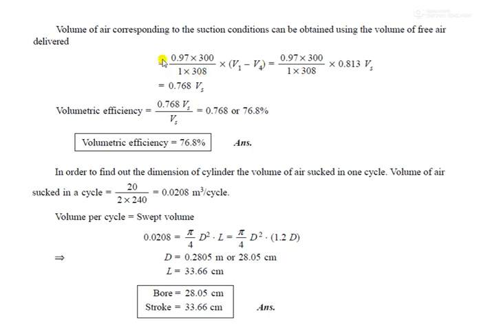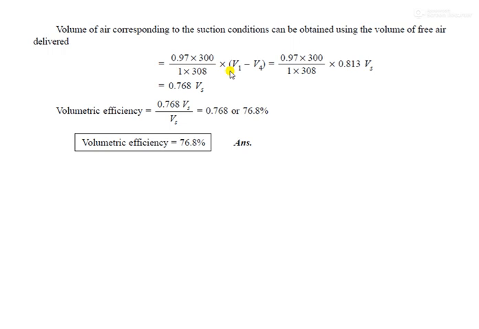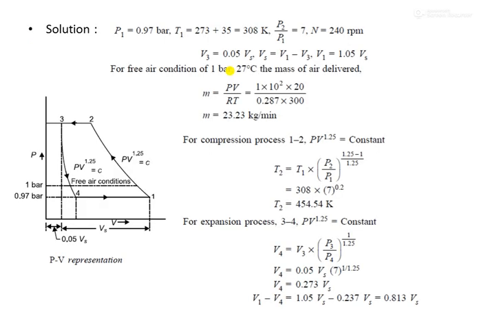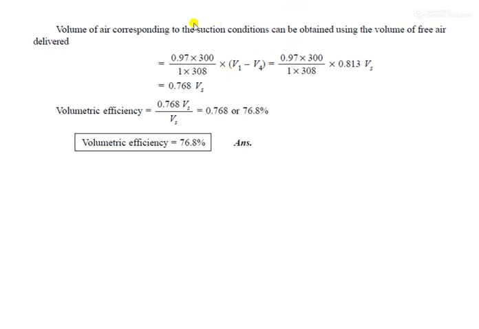In this part, the relation PV by T equal to constant for an ideal gas, so P1 V1 by T1 equals P2 V2 by T2. If we are given V1 in terms of the free air condition, we can convert it into the actual condition, that is 0.97 bar.